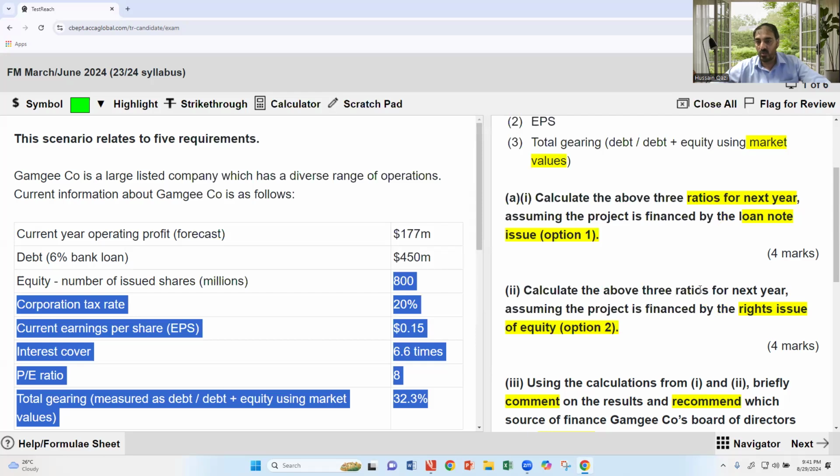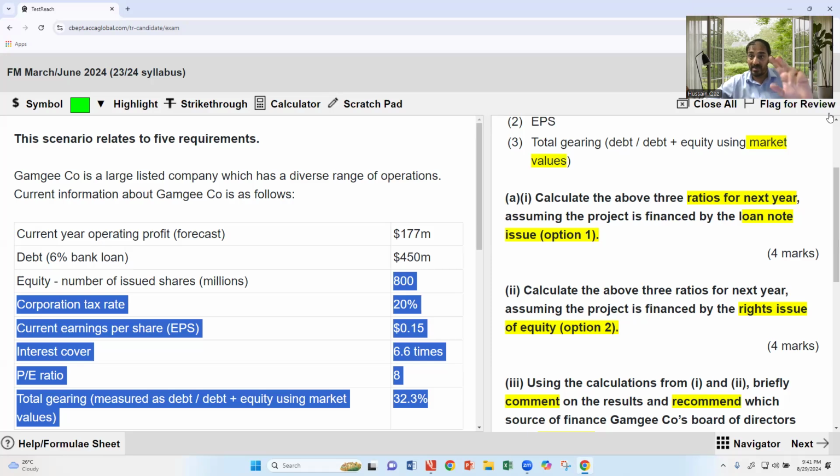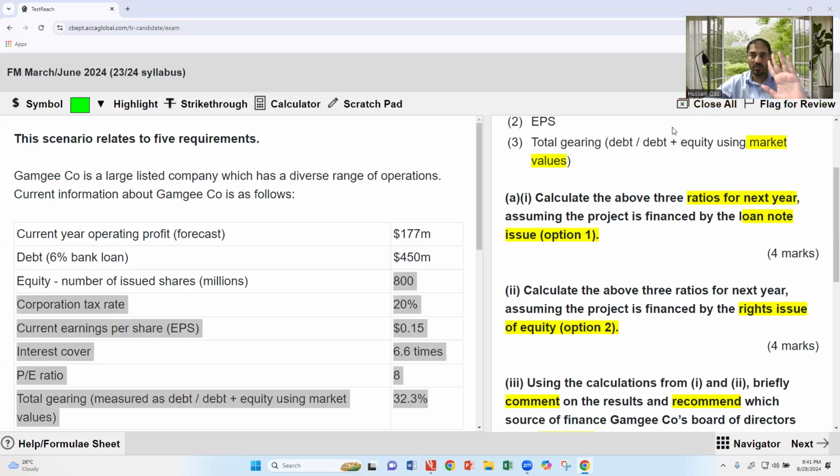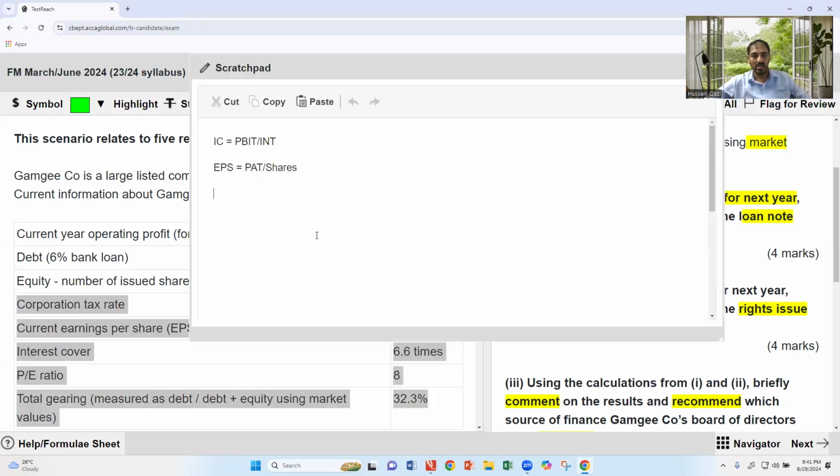For A1 and A2, the requirement is about the calculation of ratios. So what do we need to think about? For example, for interest cover, we require the PBIT, profit before interest and tax. And for EPS, we require profit after tax.